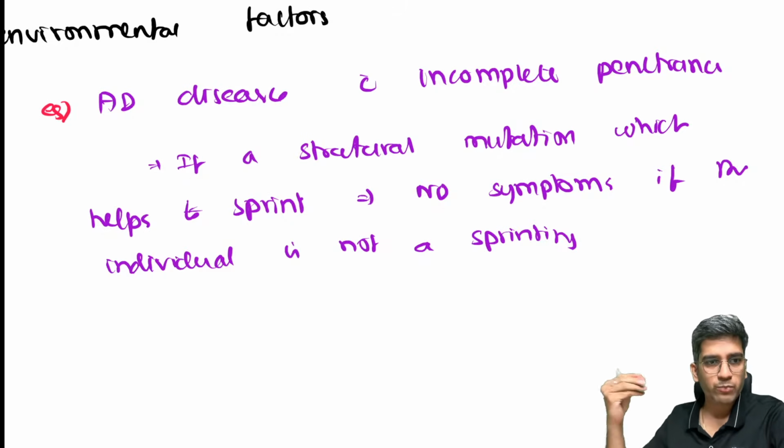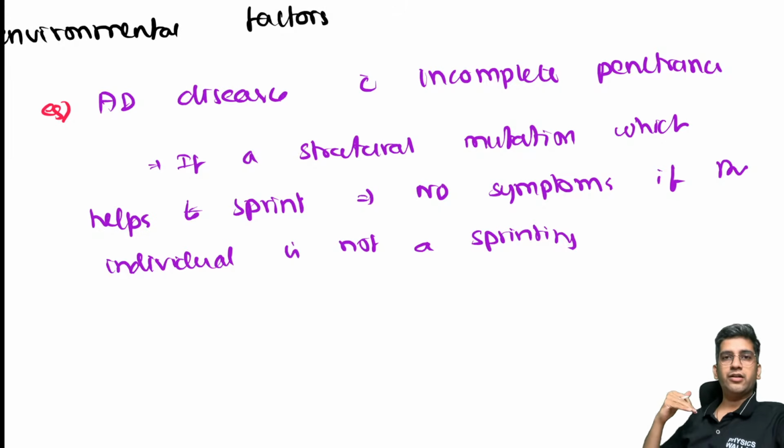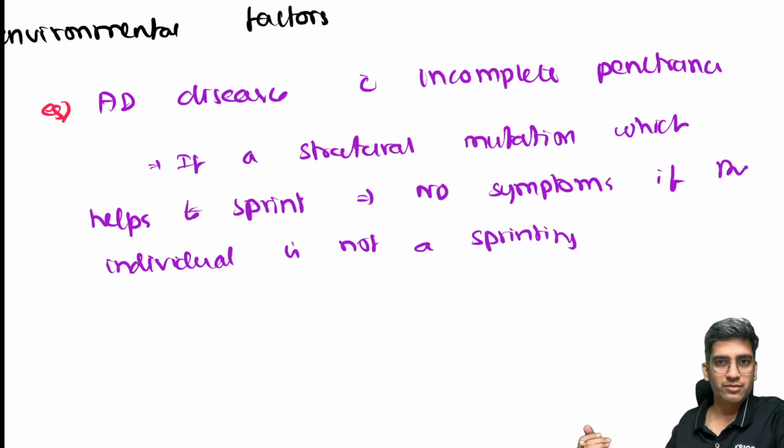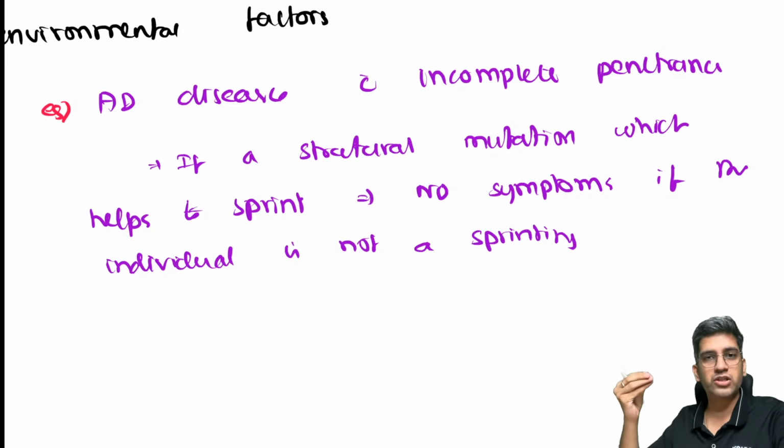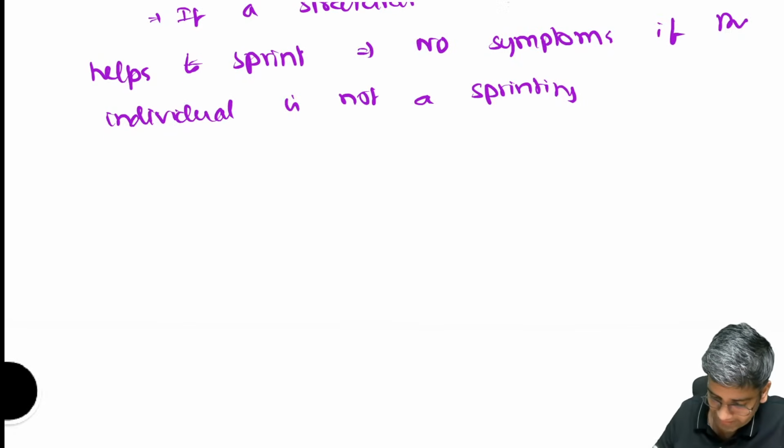I gave one more example also. If a mutation is going to affect learning, it will not matter for a person who's going to run, right? It will affect more if you're a doctor, if you're going to use lots of memory and related things, right? So as simple as that, it's a simple environmental factor. That's one of the examples, right? The other example is epigenetic modification. Please do write them as well.